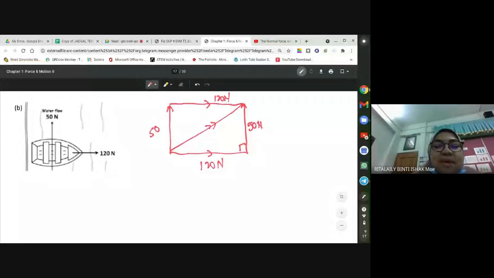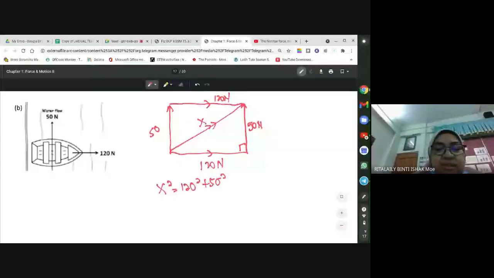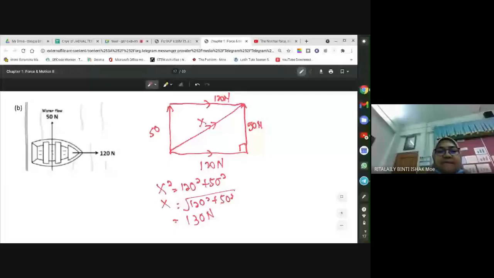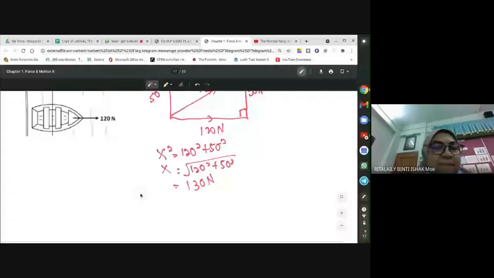So let's say this is x. So x square equals 120 square plus 50 square. So x is the root of 120 square plus 50 square. Do we get 130? Is it 130? Yes, teacher. Okay, very good.